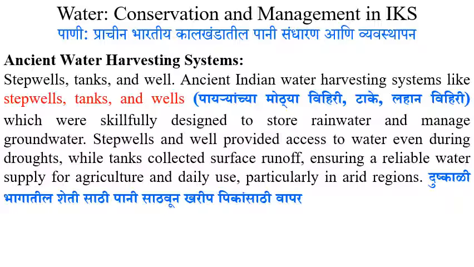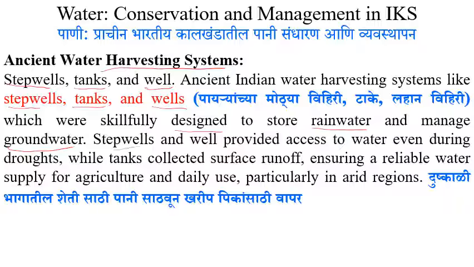During ancient times, a water harvesting system was also present, and this was done with the help of step wells, tanks, and traditional wells. Ancient Indian water harvesting systems like step wells, tanks, and wells were skillfully designed to store rainwater and manage groundwater, which is essential for farming.